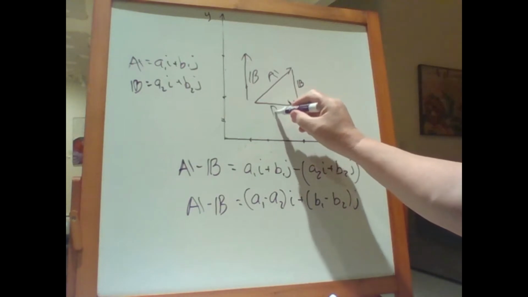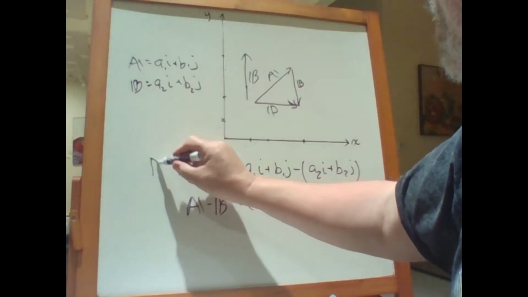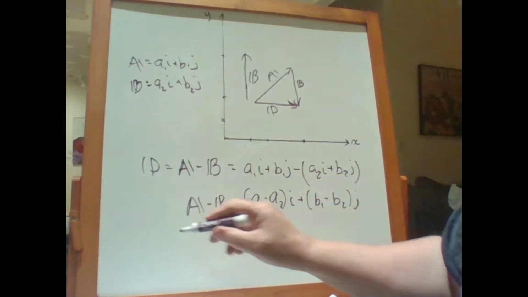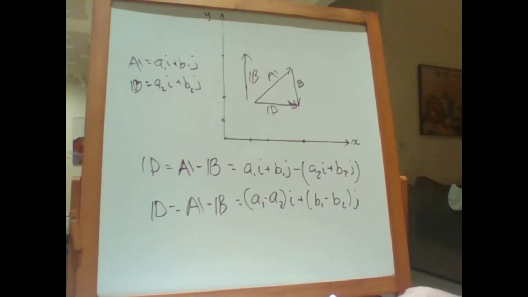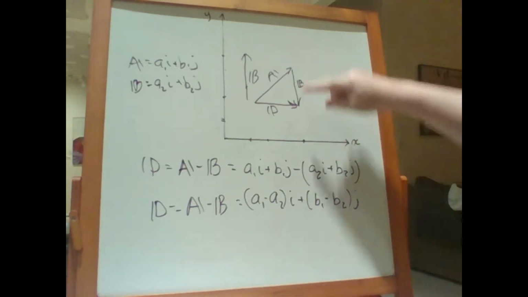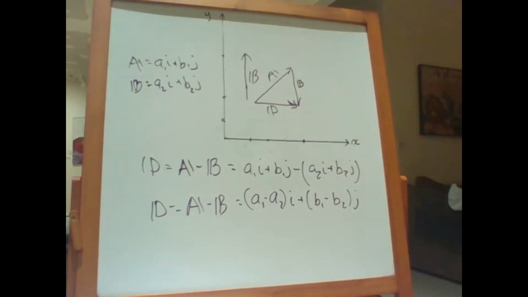And we'll call this d, where d equals a minus b. So we would represent b in the opposite direction.